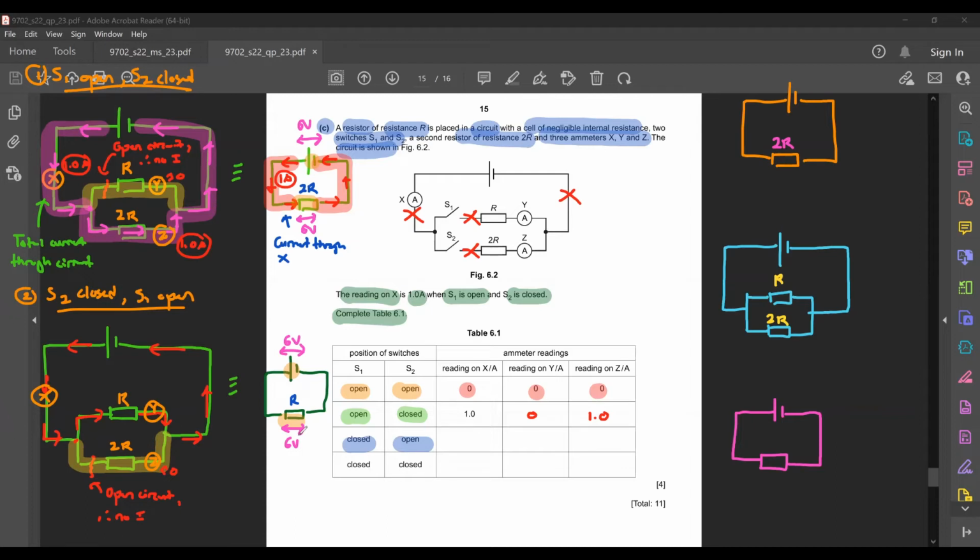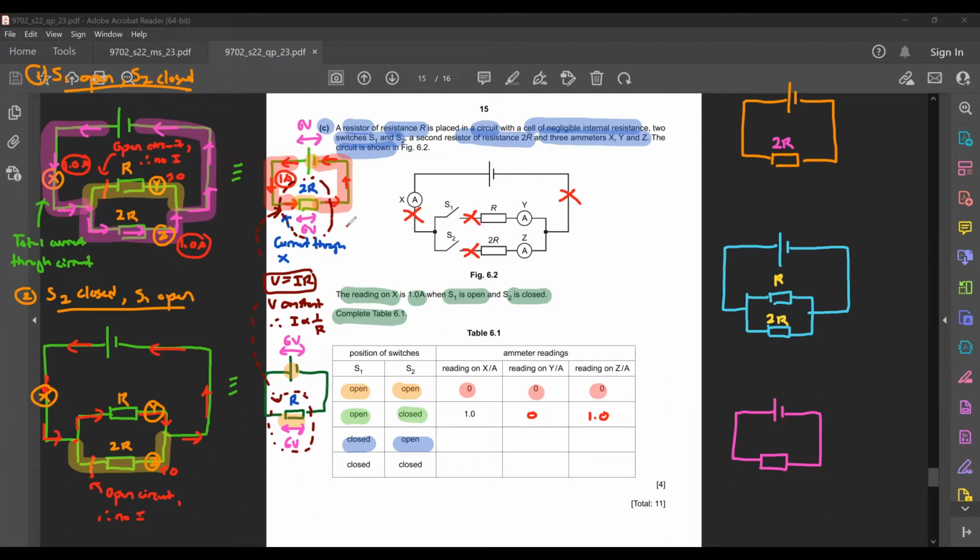So what can you now do from here? If you apply V equals IR, and you apply it to the resistors here, as well as the resistors here, you could say that V is constant, therefore current is inversely proportional to R. From here you can start to make out some sort of relation.